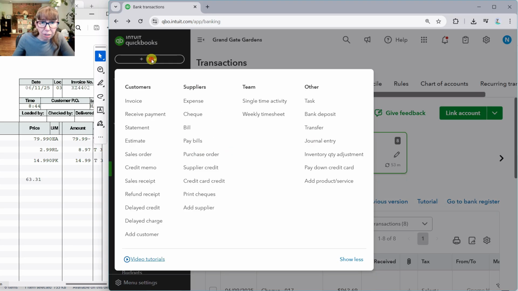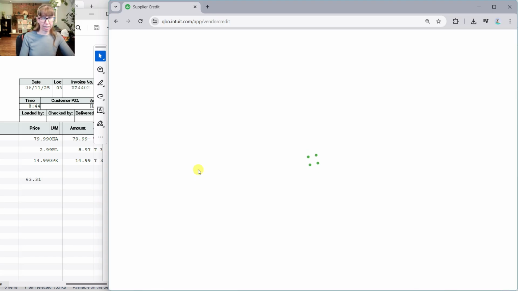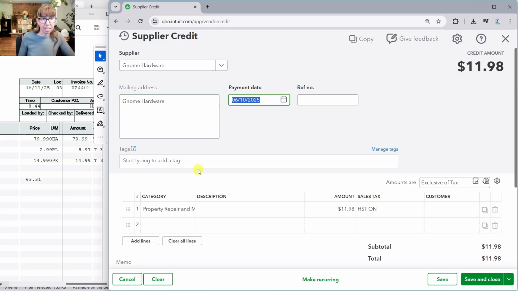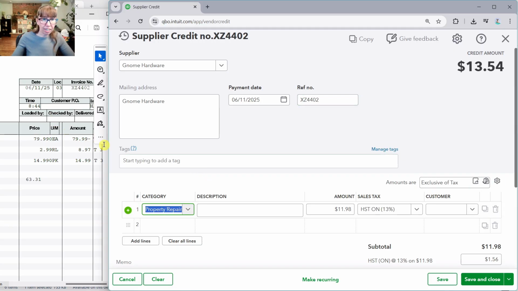So because it's a credit, we're going to go new, supplier credit, and this is Gnome Hardware, and the date is 6/11, reference number XZ4402. And the first line here is the credit amount. It's negative on this credit memo, but because we're entering in a credit, we're going to actually put this in as the positive number, because a credit is by its very nature a negative entry.